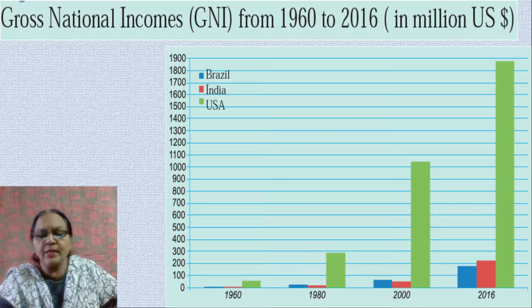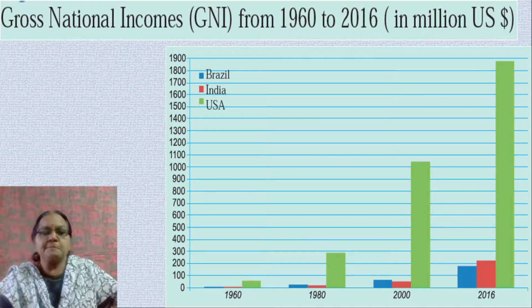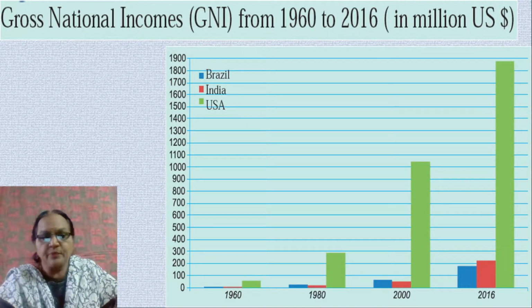On the x-axis, we have the years plotted, and on the y-axis, we have the gross national incomes in million US dollars. The blue color is for Brazil, the pink color is for India, and the green color is for USA.